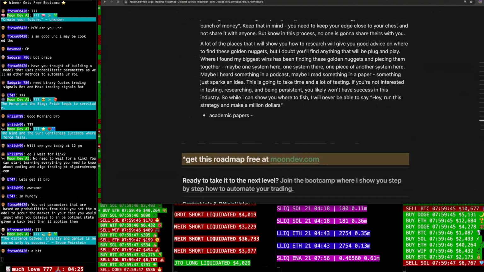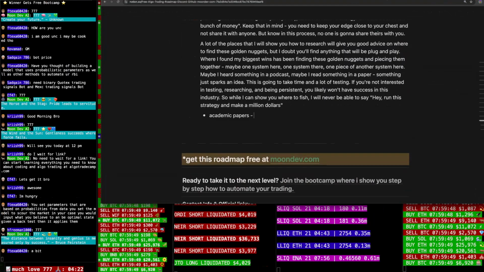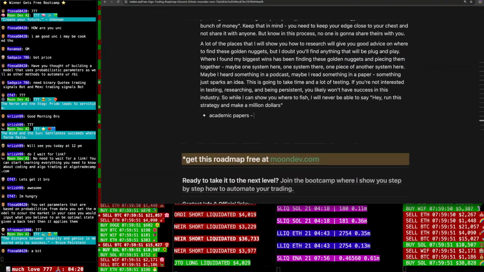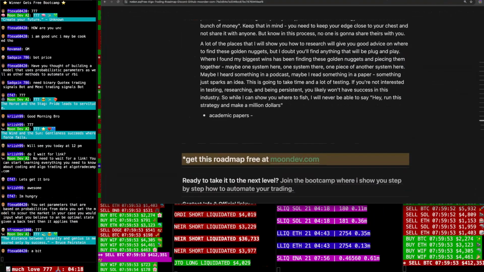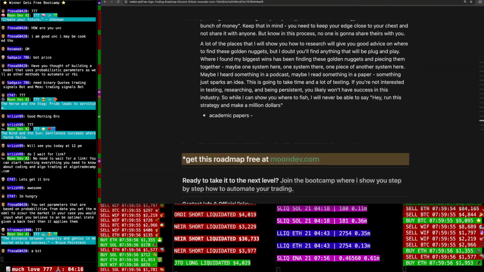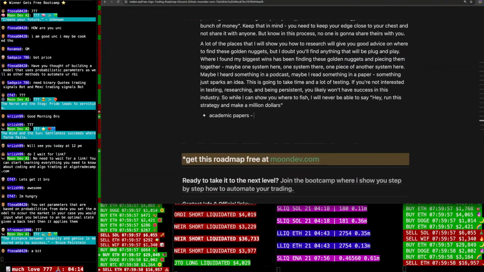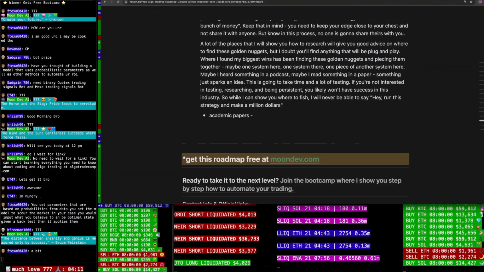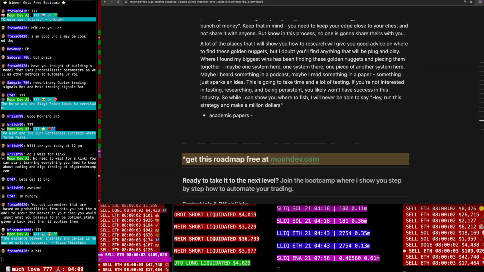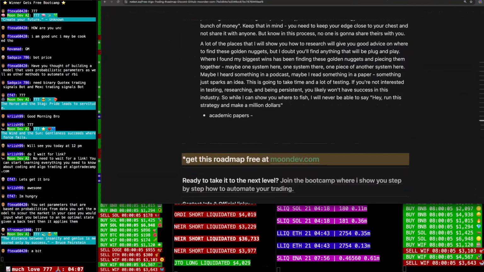Google Scholar is a place that you can get a lot of academic papers. You've got master's students and PhDs who write their thesis on an approach to the market or a trading strategy, and that can be beneficial for us.